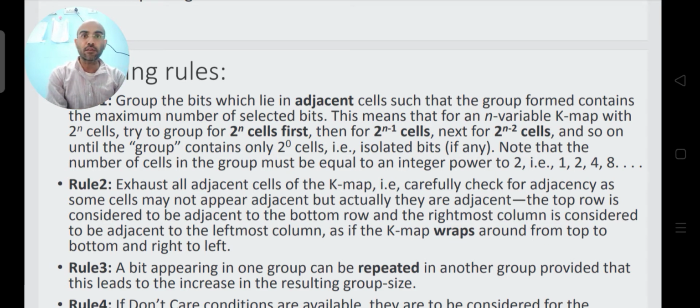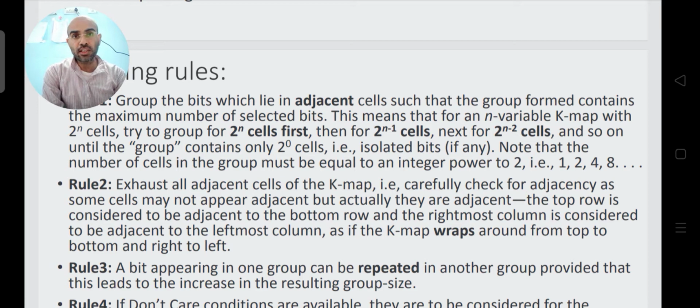Suppose you have a 4 variable K map. Then try to group 2 to the power 4, which is 16. So the first possibility should be 2 to the power 4. If all the squares are filled up with 1, then in this 4 variable K map you can form a group of 16 cells.